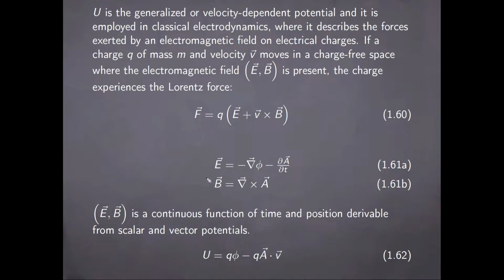The element of novelty for today is that we can express the electric and magnetic induction fields in terms of scalar and vector potentials. So E can be written as minus the gradient of a scalar potential minus the partial time derivative of a vector potential, and the magnetic induction can be written as the curl of the vector potential.